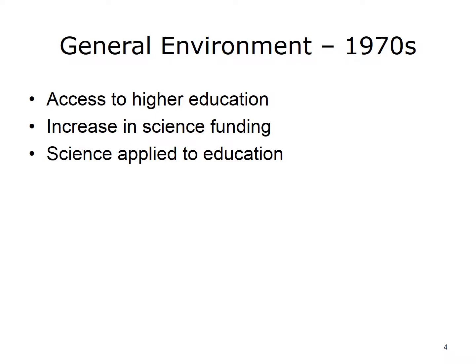At this time, the emphasis was also on science applied to education. That is, not only did we need to improve science education, but we were going to make the entire process of education more systematic and scientific.